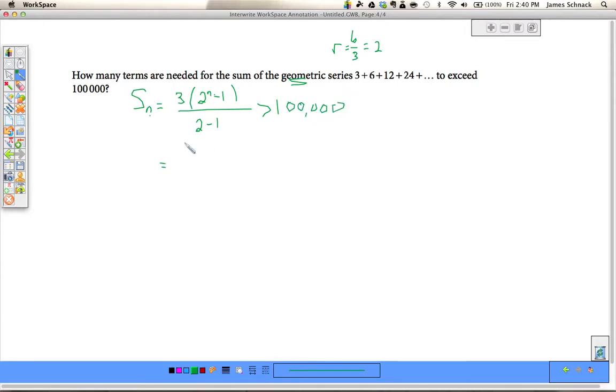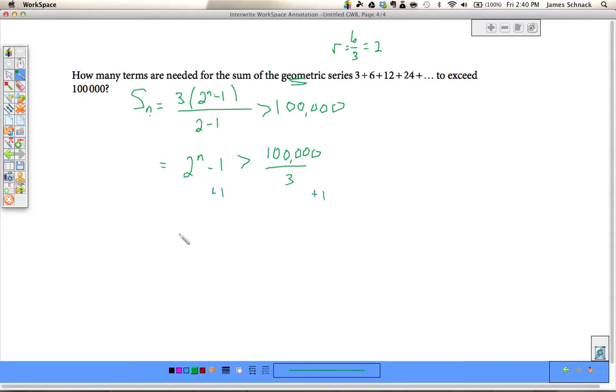So we need to solve. 2 minus 1 is 1, that's kind of nice. I'm going to divide by 3. So 2 to the n minus 1 is greater than 100,000 divided by 3. And I'm going to finish this out algebraically.